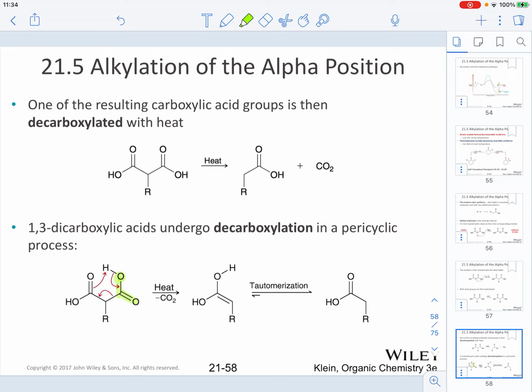What I highlighted in green is what forms that CO2. That decarboxylation happens specifically when heat is utilized. As you can see, you're going to have an enol intermediate that then tautomerizes to form that substituted carboxylic acid.